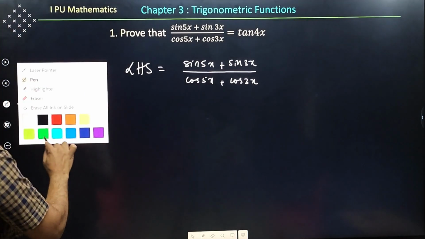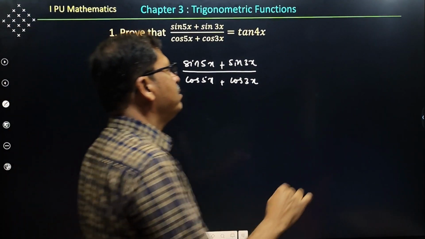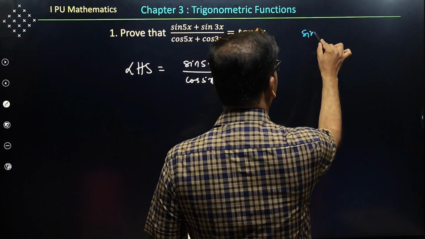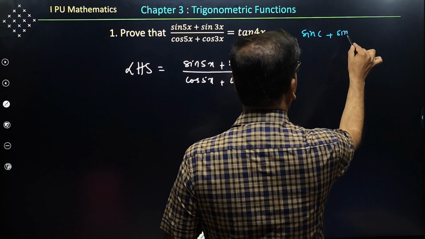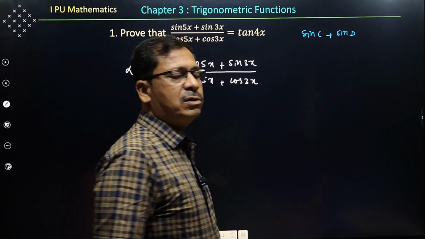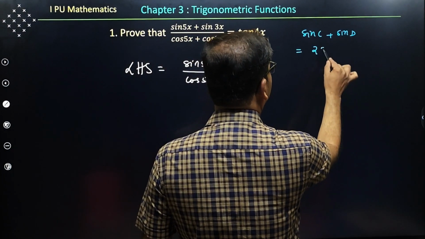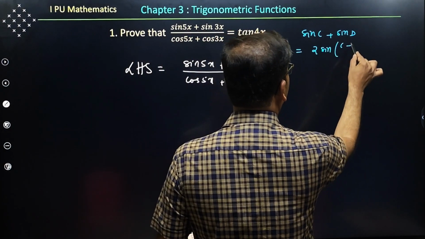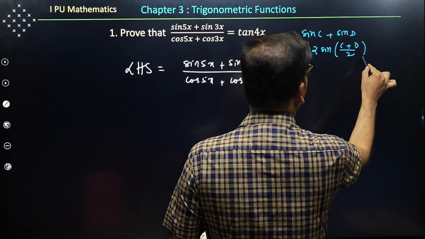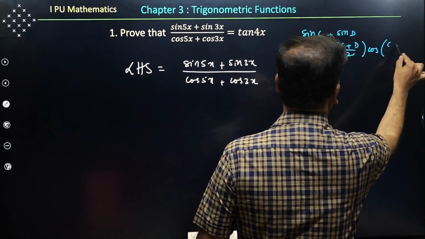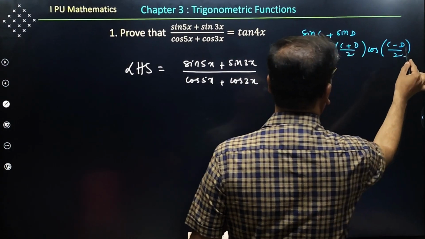So I would like to recall the result here. The sum of two trigonometric functions leads to a product: sin c plus sin d equals 2 into sin of (c plus d) divided by 2 into cos of (c minus d) divided by 2. This is the formula here.